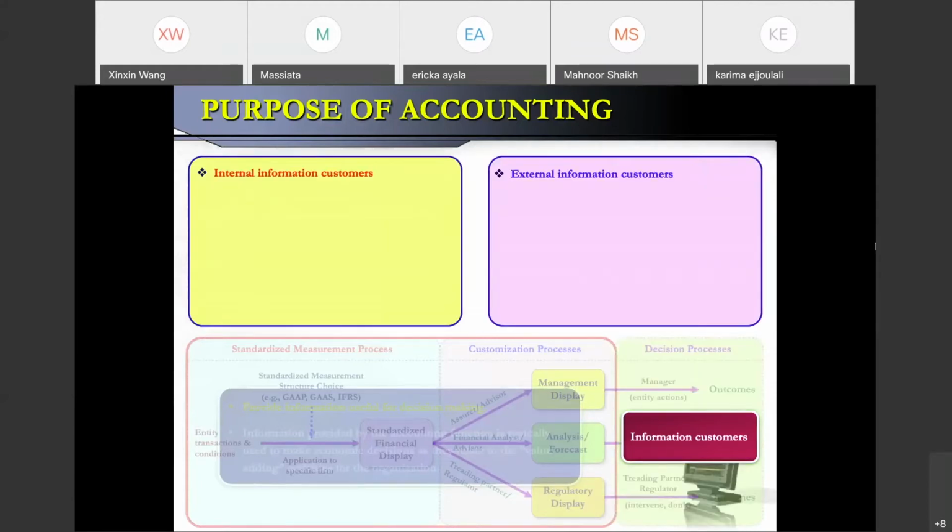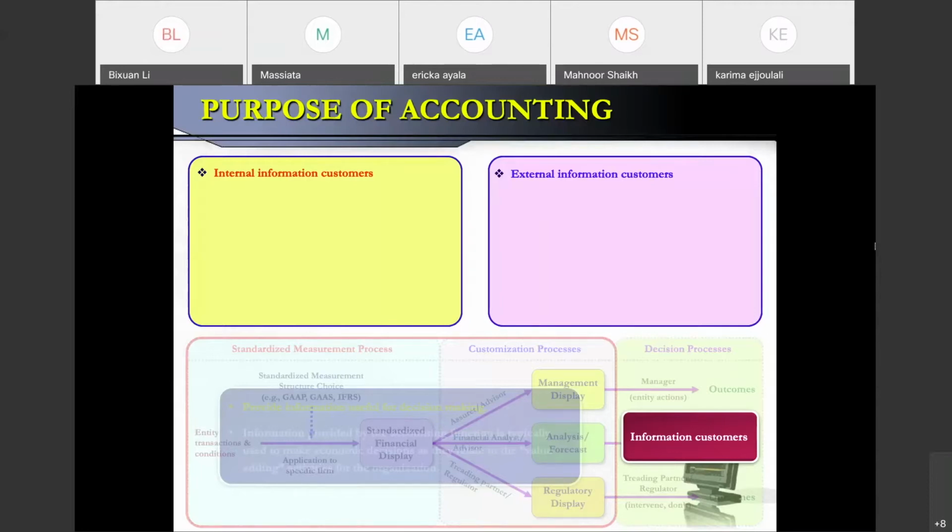I want you guys to name what are the internal information customers and what are the external information customers. Any idea? Company managers. Managers of various sorts. And the stockholders. And what else? Customers. And the employees.